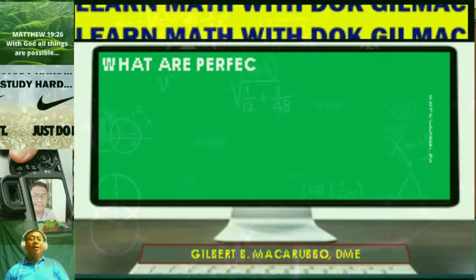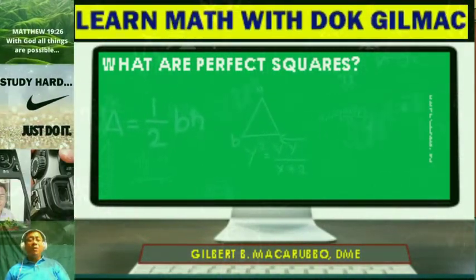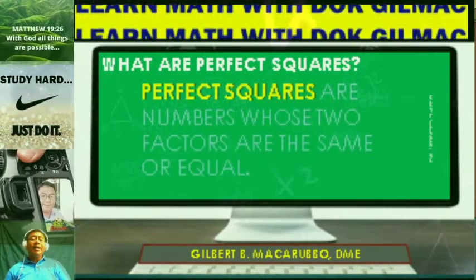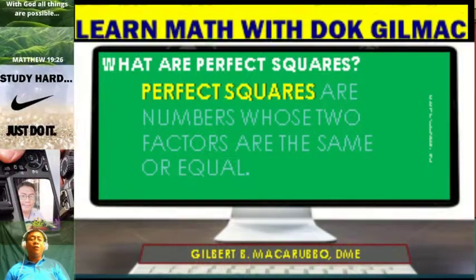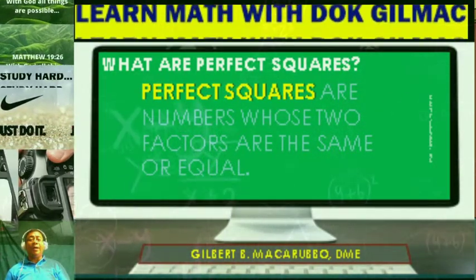What are perfect squares? When we talk about perfect squares, class, these are numbers whose two factors are the same or equal.